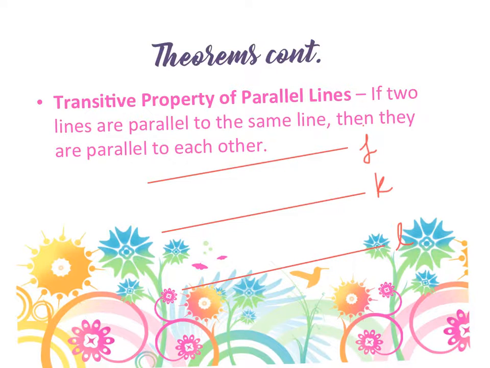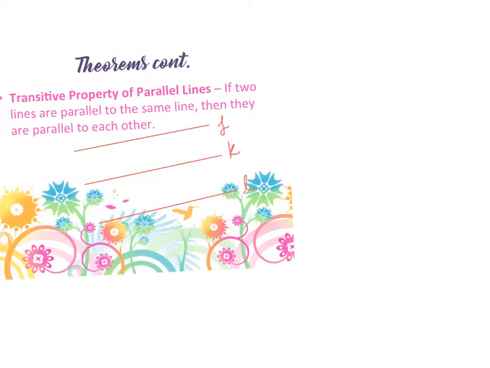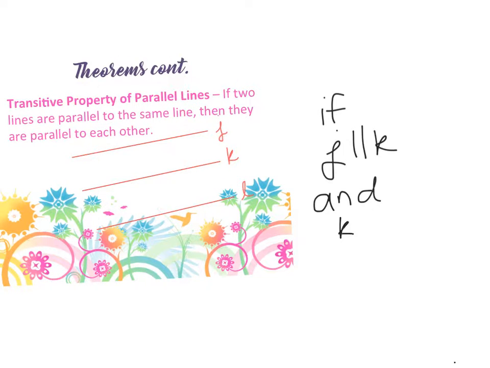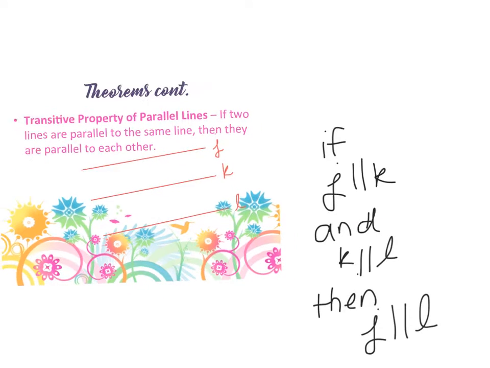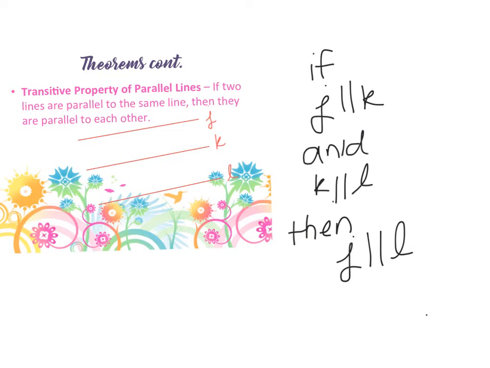So let's say you've got 3 lines, and that they give you at some point that 2 pairs are parallel. Like if J is parallel to K and K is parallel to L, then you can conclude that J is parallel to L. So it's just like the transitive property, except you're applying it to parallel lines.